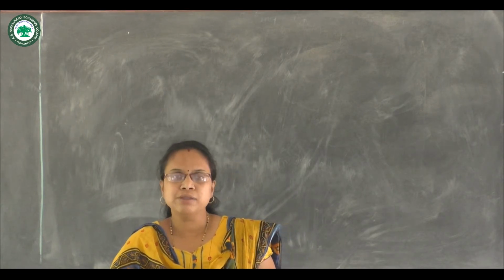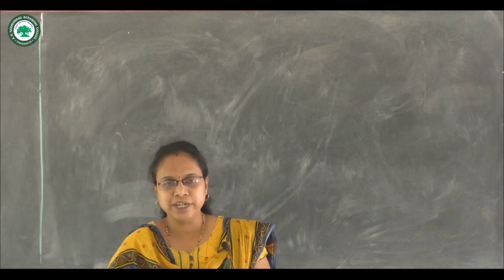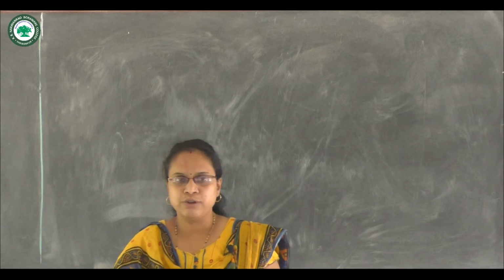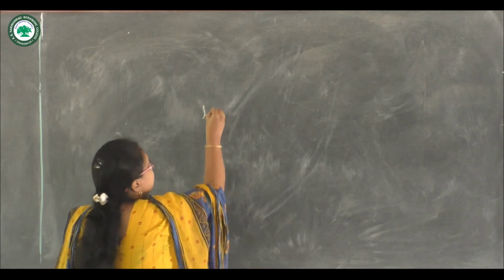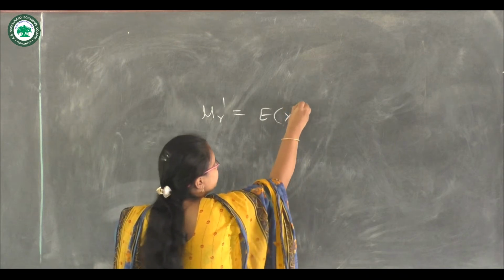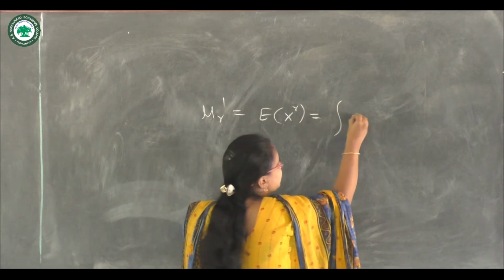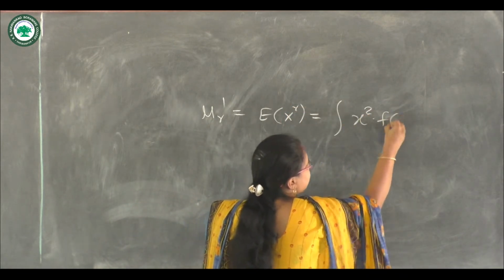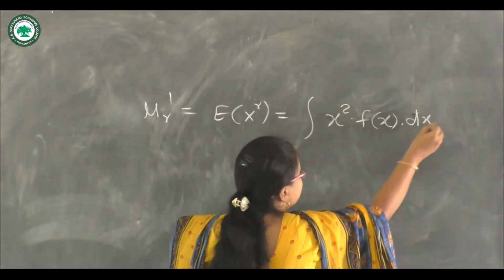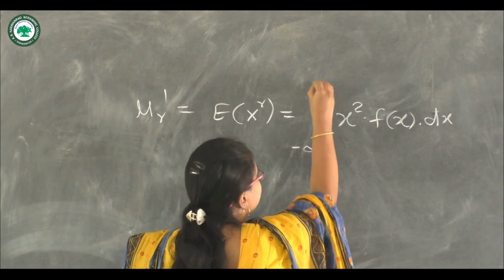Raw moments mu1 dash, mu2 dash, mu3 dash and mu4 dash are calculated by using the formula mu r dash equals expected x raised to r, which is the integration of x raised to r into the PDF f of x dx over minus infinity to infinity.